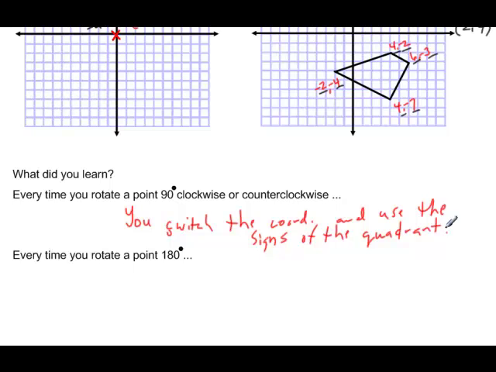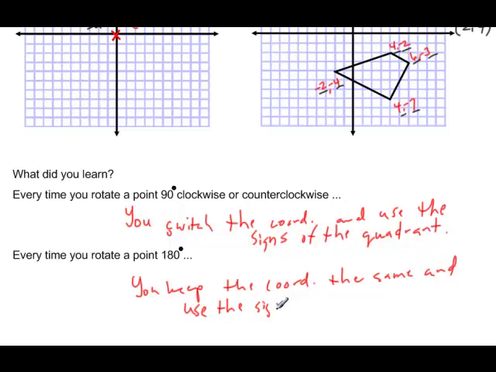Quadrant 3, negative, negative. Quadrant 4, positive, negative. Every time you rotate a point 180 degrees, you keep the coordinates the same and use the sign of the quadrants.